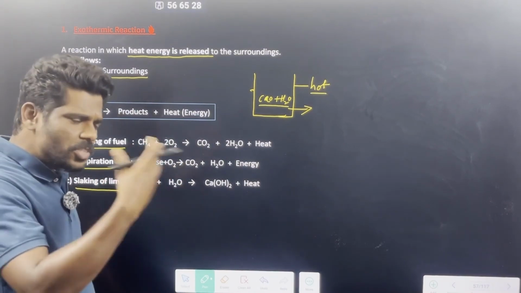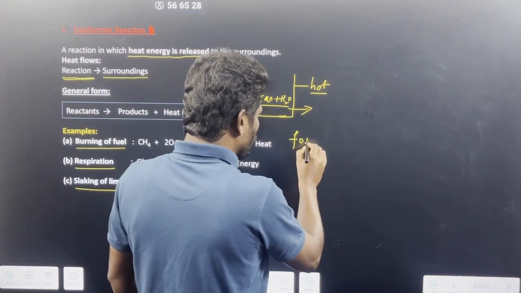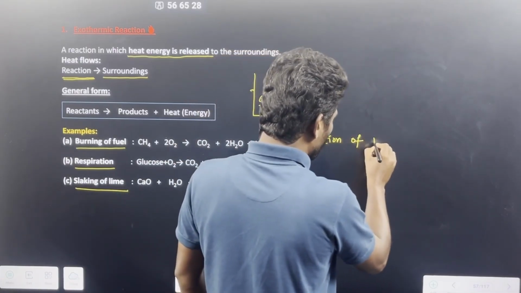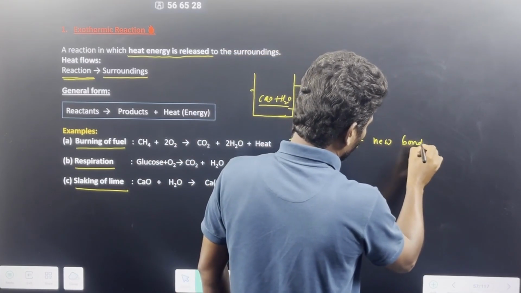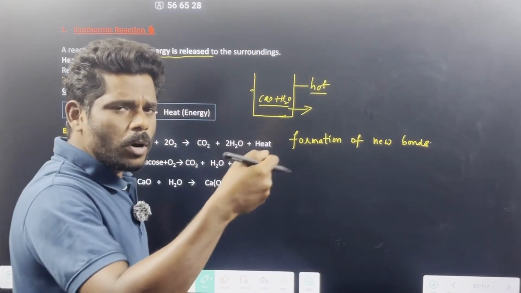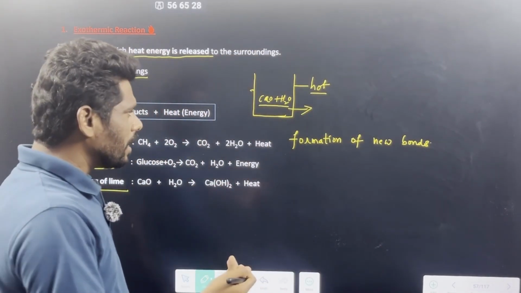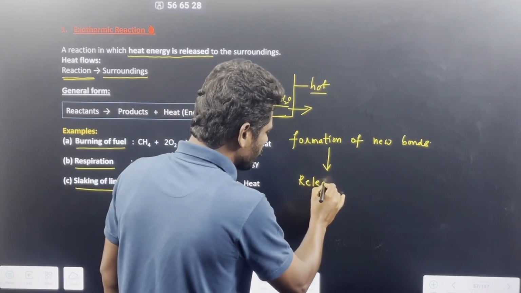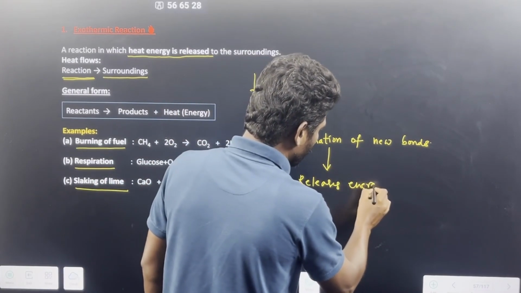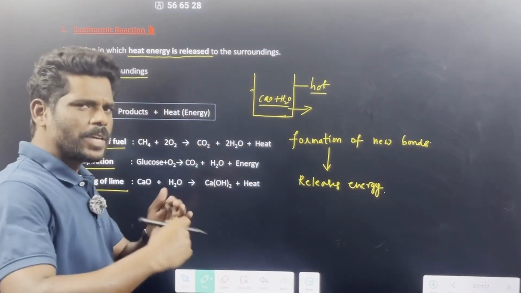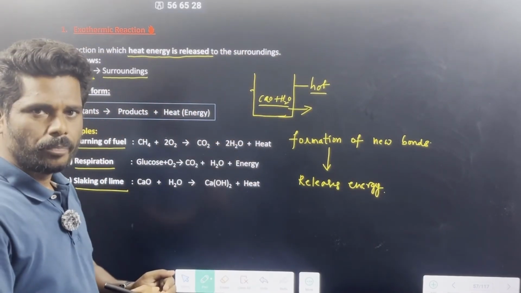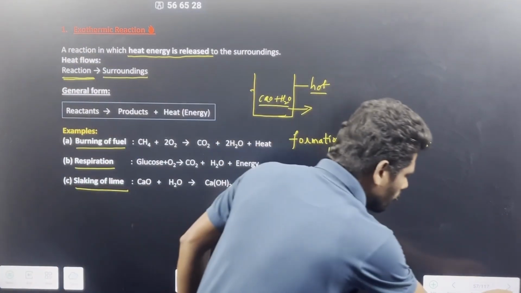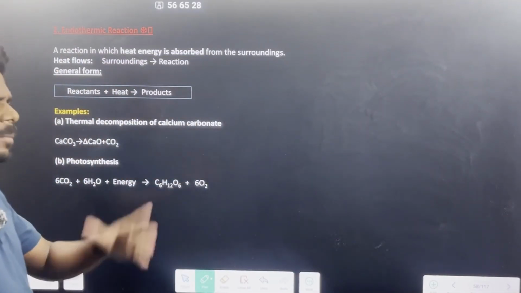In the reaction in which formation of new bonds takes place, automatically that formation of new bonds releases energy. Always keep in mind, formation of new bonds releases the energy. So exothermic reactions liberate heat. Due to that only we call them exothermic reactions.